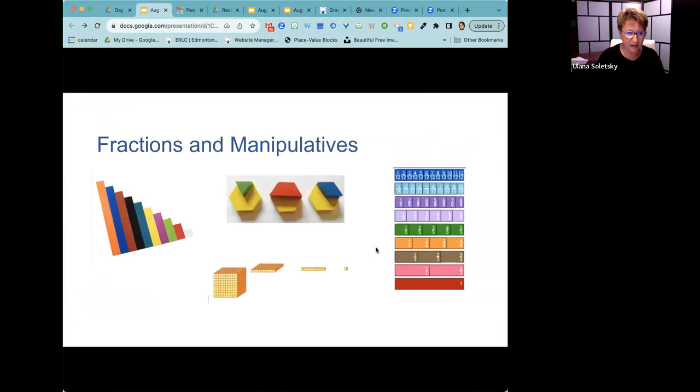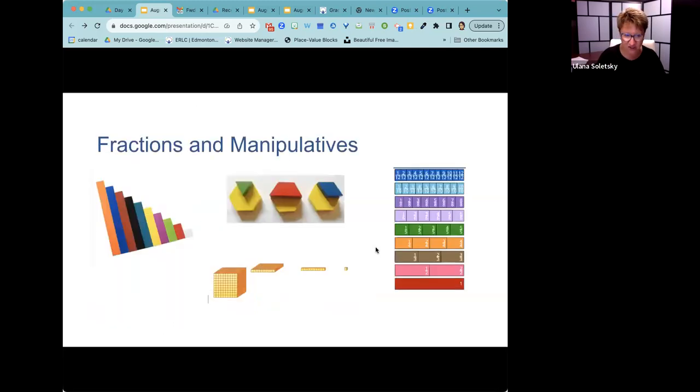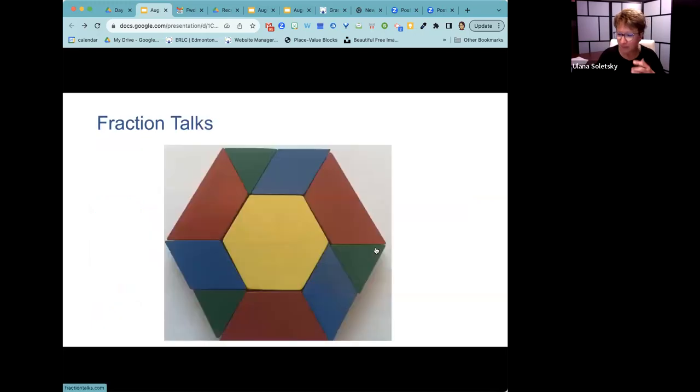So, we were going to use Cuisenaire rods. I personally love the Cuisenaire rod because there's just so much more that you can do with it. Whereas with that other one, those are basically the only fractions that I could come up with, unless I went into making designs and saying, if this is my whole, then what fraction of the whole is yellow?